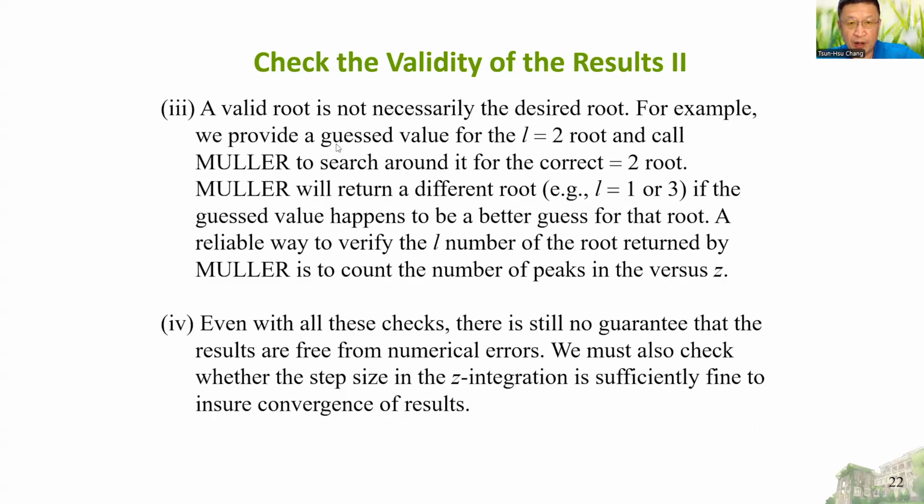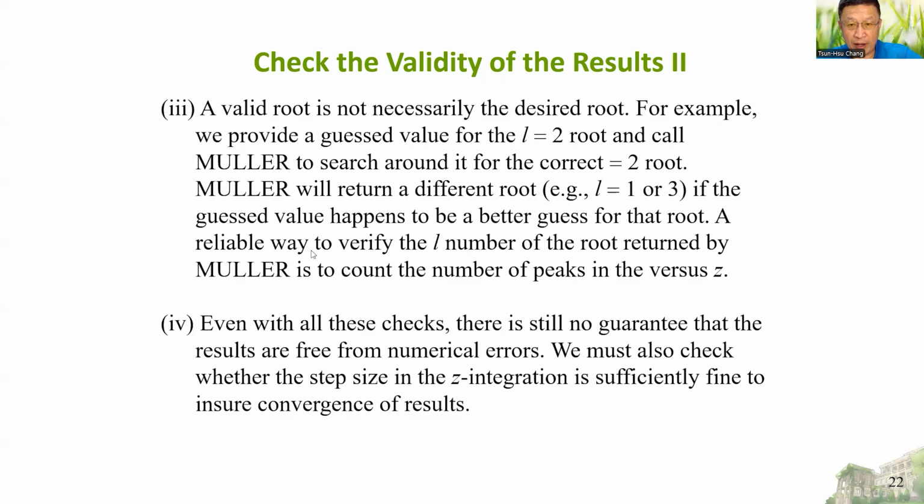A valid root is not necessarily the desired root. For example, we provide a guess value for the L equals 2 root and call Muller to search around it for the correct L equals 2 root. Muller may return a different root, such as L equals 1 or 3, if the guessed value happens to be a better guess for that root.